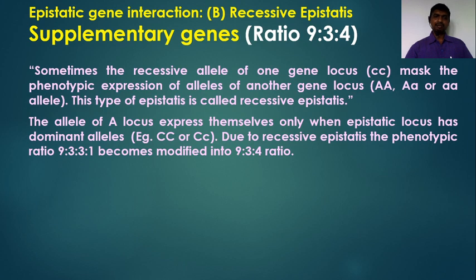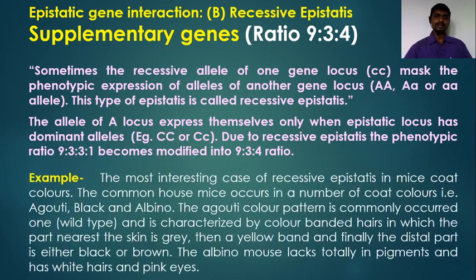So the alleles of the A gene locus express themselves only when the epistatic locus has dominant alleles, capital C capital C or capital C small c. Due to this recessive epistasis, the classical Mendelian dihybrid ratio 9:3:3:1 has been modified into a 9:3:4 ratio.